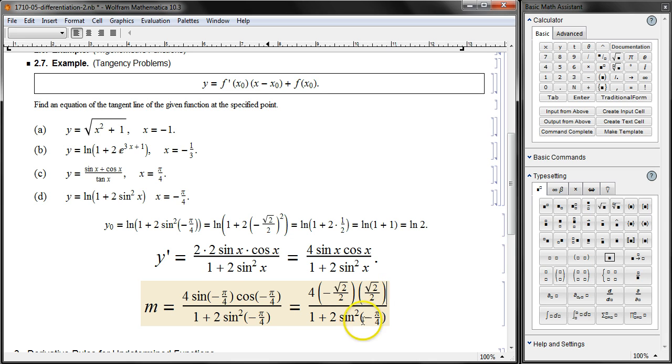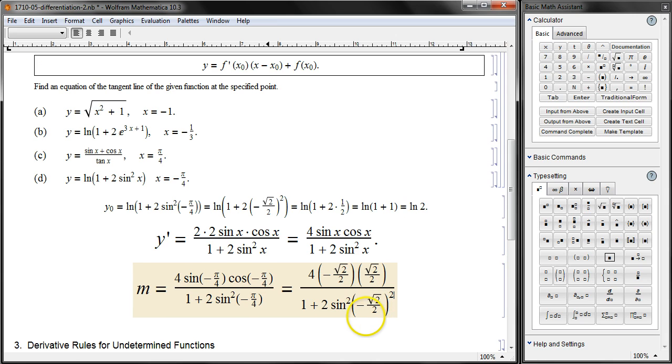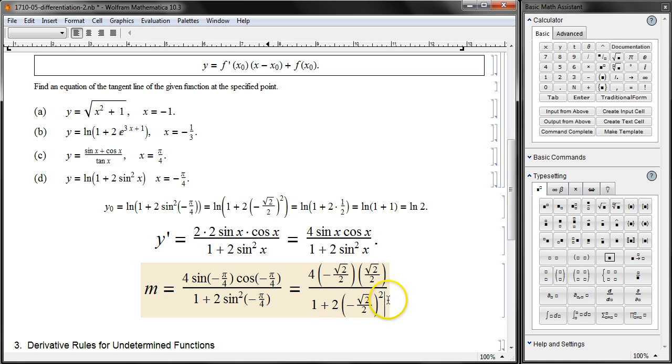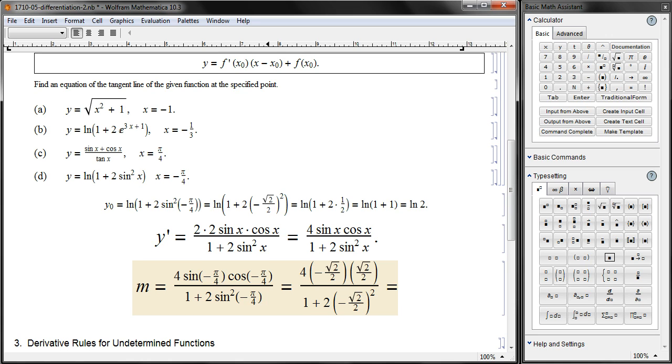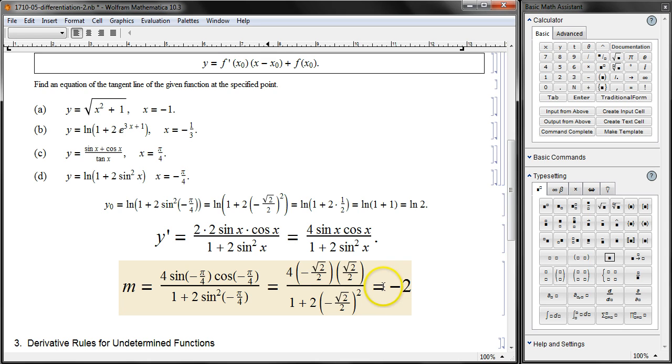How about the denominator? The same thing again. This is your sine value, so this one, and then we have to square it because this is sine squared. Well, what is this quantity? 4 and then this 2 cancel out. Negative of square root of 2 times square root of 2 cancel out. We have the numerator is equal to negative 2.